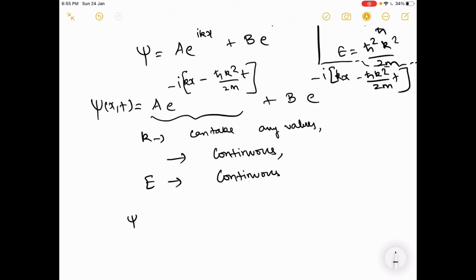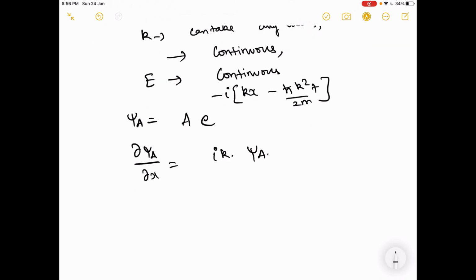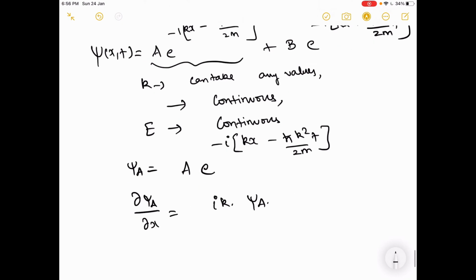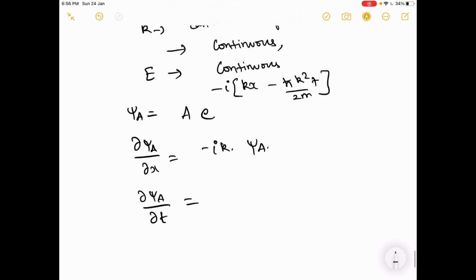So I'm just going to write psi_A here, which is A e power i times kx minus h bar k square by 2m t, and d psi_A by dx will give us ik psi_A, and d psi_A by dt will give us minus i h bar k square by 2m into psi_A.